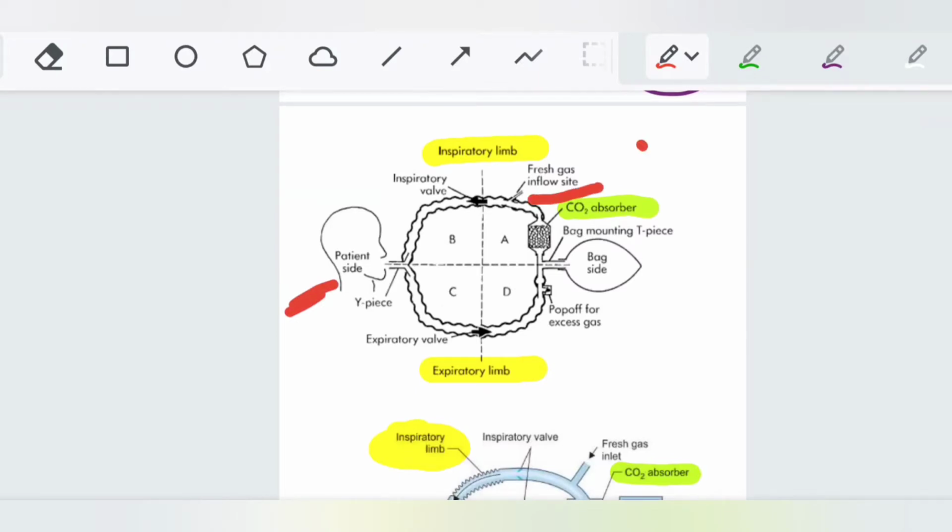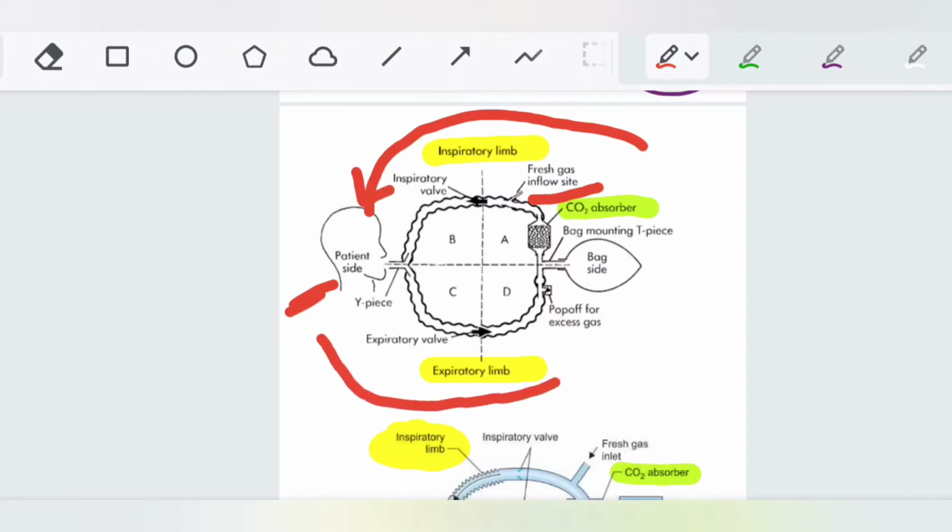So this will be my inspiratory limb. When the patient exhales, the CO2 goes to the CO2 absorber, so this will be my expiratory limb. And the valve will allow only unidirectional flow of gases.